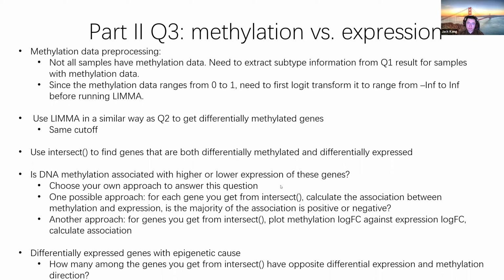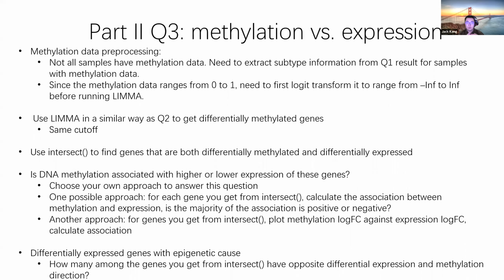And I know this question is kind of tricky. It also asks you, is DNA methylation associated with higher or lower expression of these differential genes? So you can really just choose your own approach to answer this question. There is no absolutely fixed answer. But one possible approach you could consider is, for each differential gene you get from running this intersect command, you calculate the association between its methylation and its expression.